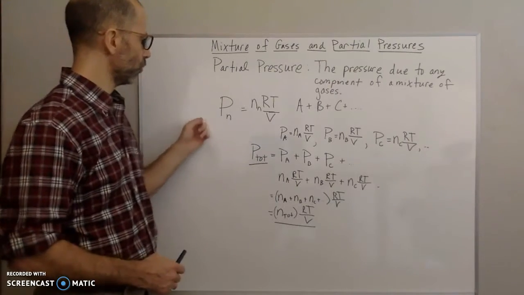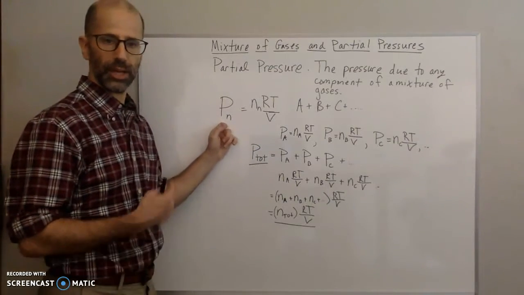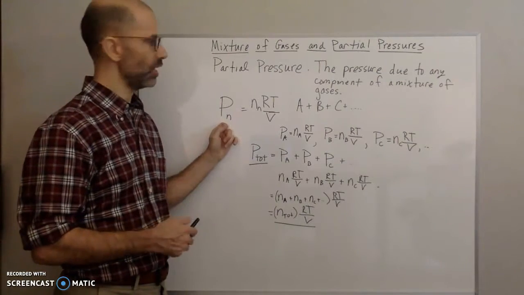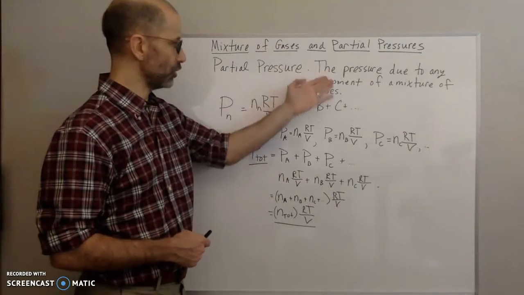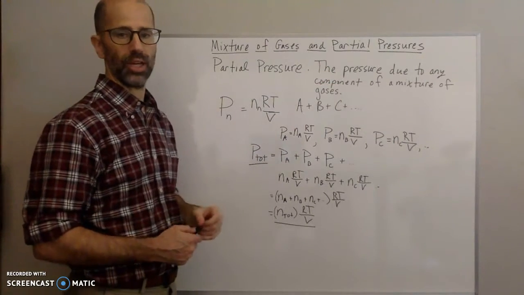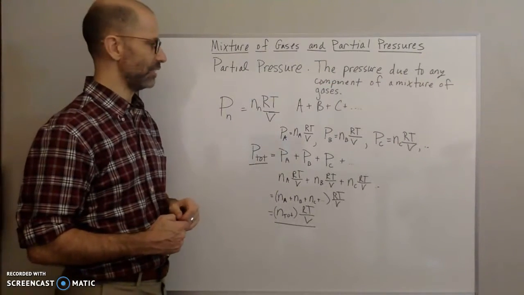When we find the pressure of a particular gas in a mixture, that is called the partial pressure. The partial pressure is the pressure due to any component of a mixture of gases.